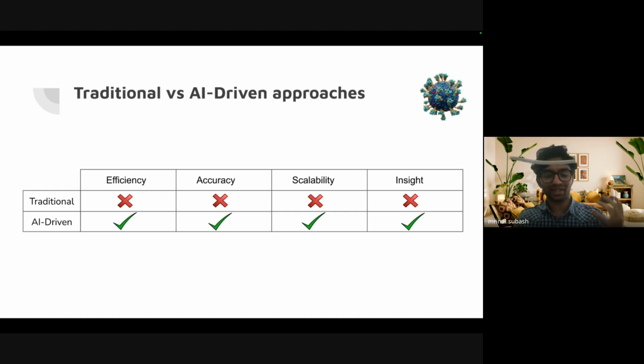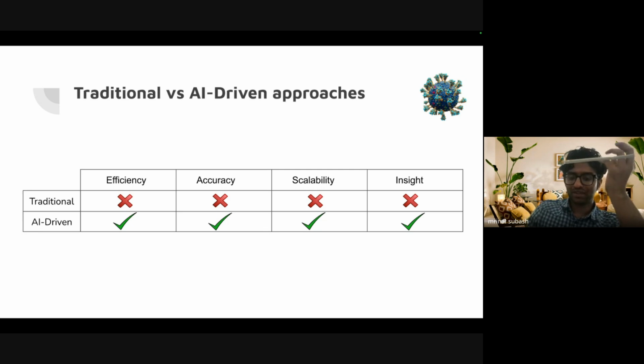And then next comes scalability. With the traditional approach, it often requires significant human effort and resources, whereas AI can scale these efforts across many drugs and diseases simultaneously.